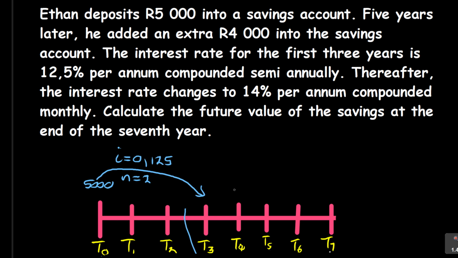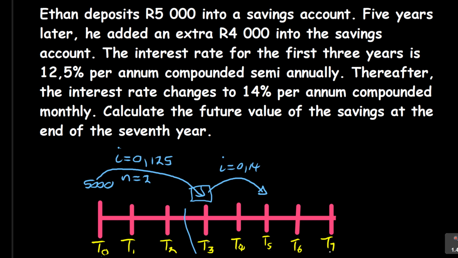Then after that, grow this money up to T3. Then the interest rate changes. You take that money and you grow it until T5 with an interest rate of 0,14.